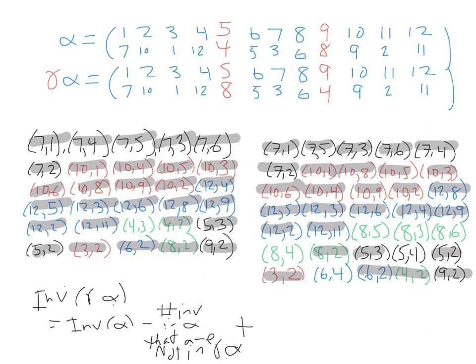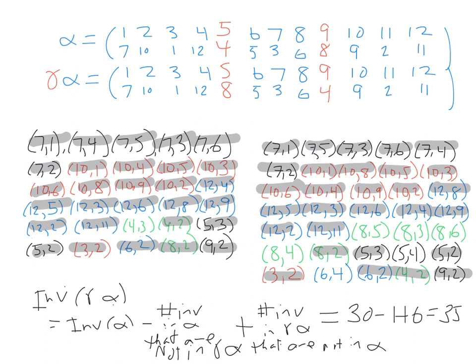And then we're going to add in the number of inversions in first do alpha, then do gamma that are not in alpha. And when we look at that, that turns out to be 30 minus 1 plus 6, and of course that is 35.